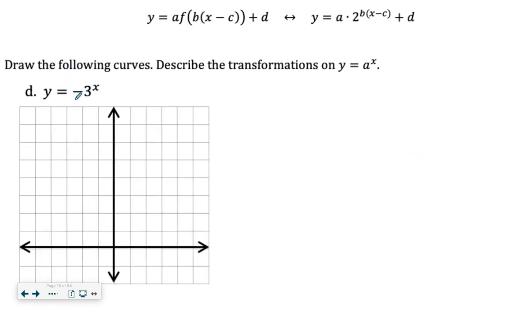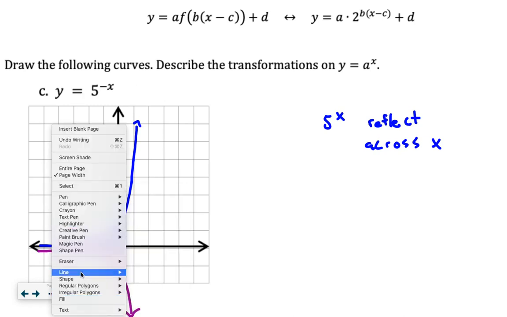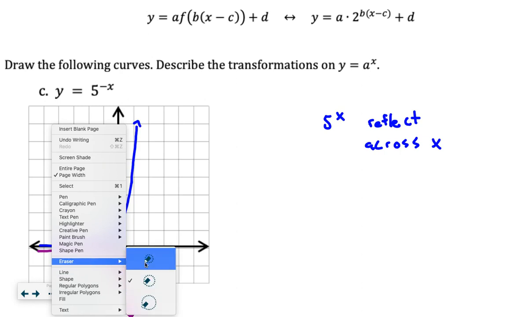Negative 3 to the x, hold up, I messed that up, didn't I?